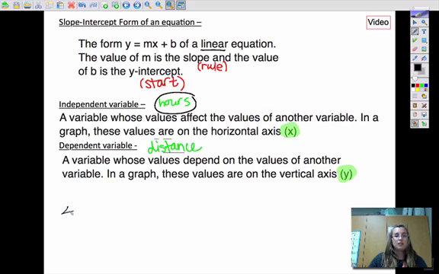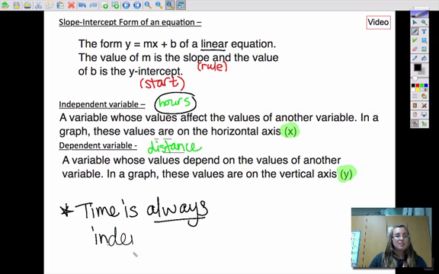So as a little hint to yourself, time is always independent, okay? Because time really doesn't depend on anything. Time just goes on as it always is, so time is always independent. It's always going to go along the x-axis, okay?